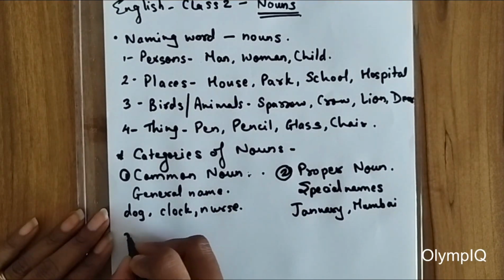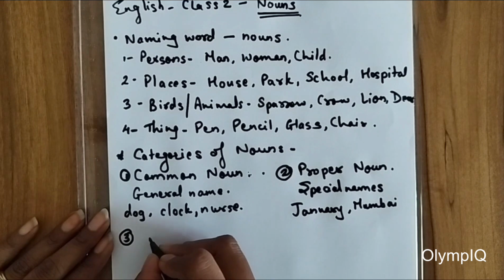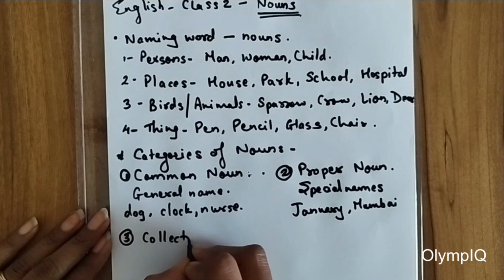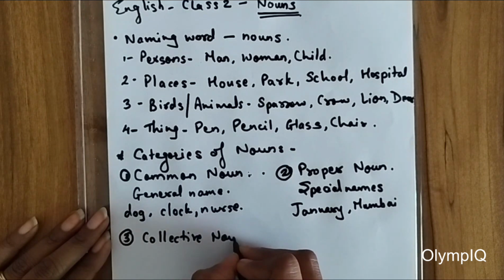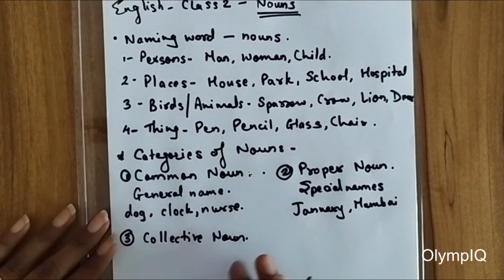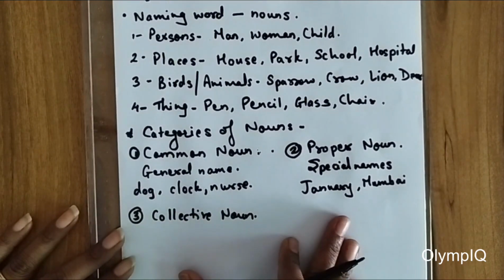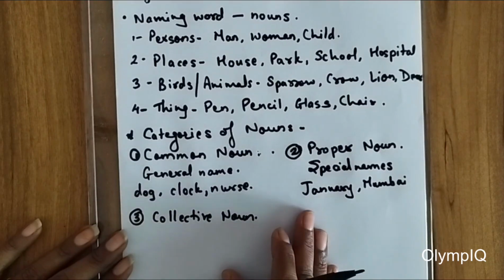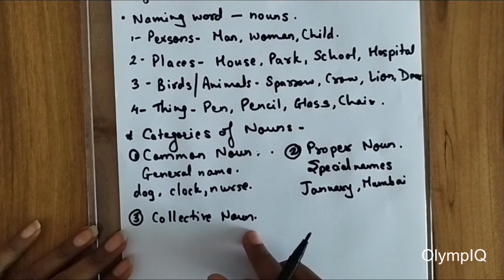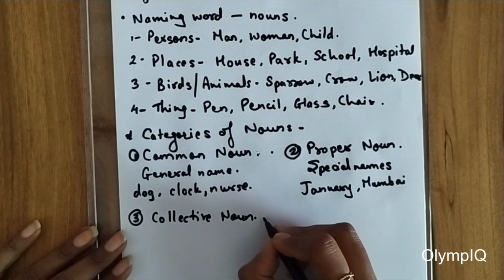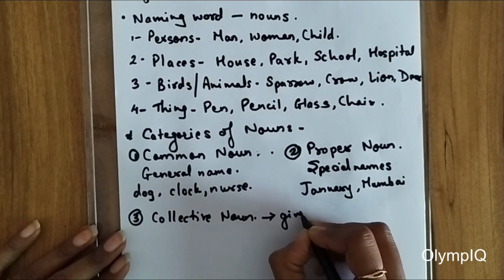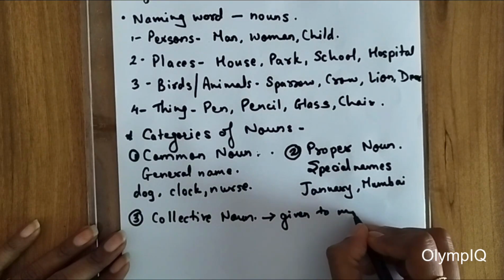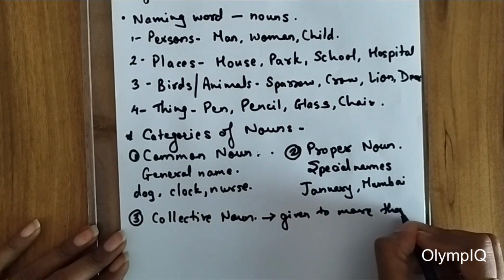And there is one more category, third category, that is collective nouns. So what exactly is a collective noun? This collective noun is a particular group name given to more than one person or animal. So you can say this is given to more than one.